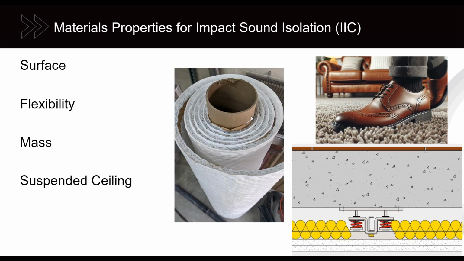So what are the properties of materials that will contribute to its impact sound isolation or its IIC rating? Maybe, in my opinion, one of the most critical factors is that flexibility on the surface. If you go back to the 70s and 80s in multifamily housing, you almost always had carpeted floors in apartments.